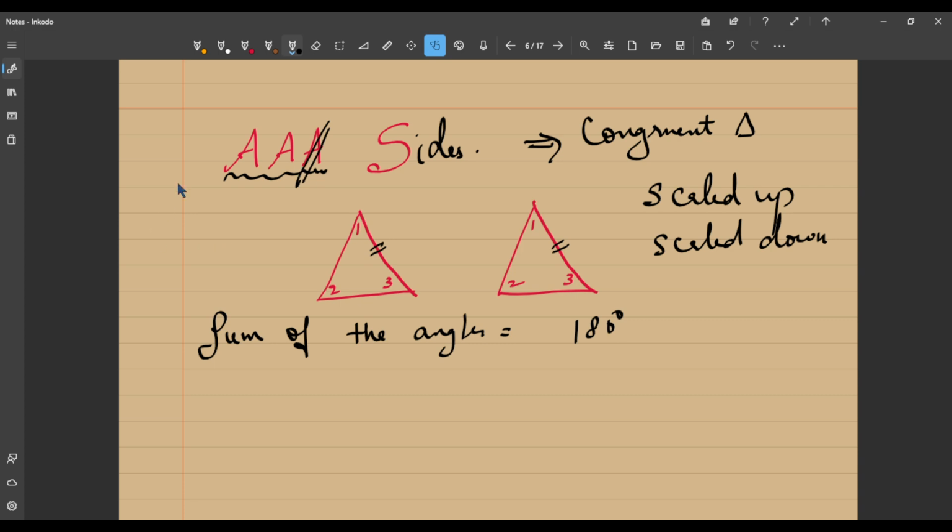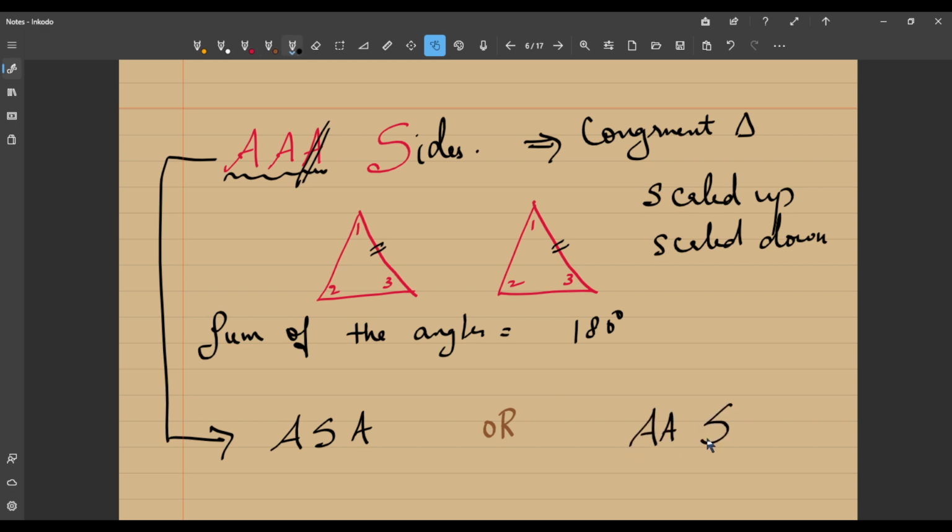So from this condition follows the second postulate, which is ASA, angle side angle, or AAS, angle angle side. Both are one and the same. If any two corresponding angles are given to be equal and a corresponding side is given to be equal, then the triangles are congruent.